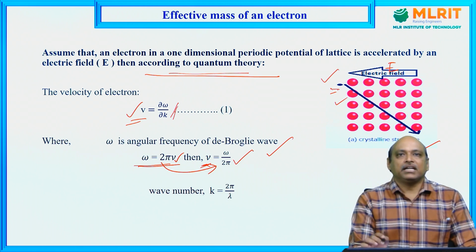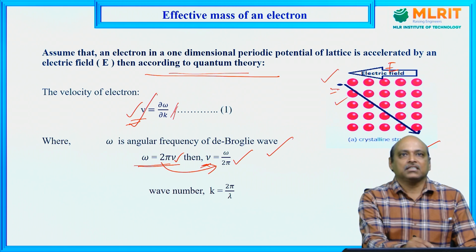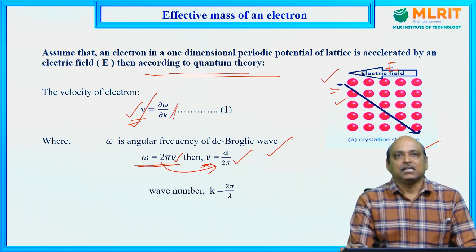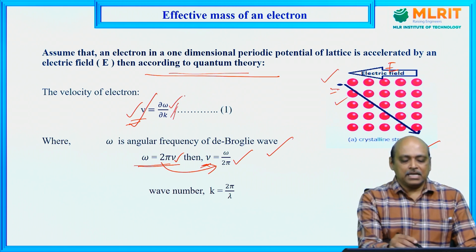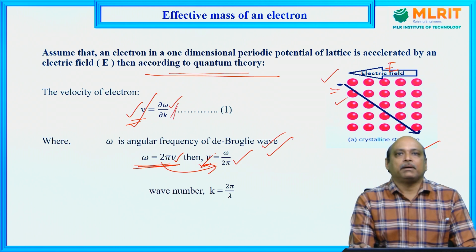So, we are deriving the final expression for M star, and to derive it we take some parameters. First, I have taken the velocity. Next, omega: omega is nothing but 2 pi nu, and nu can be written as omega by 2 pi.